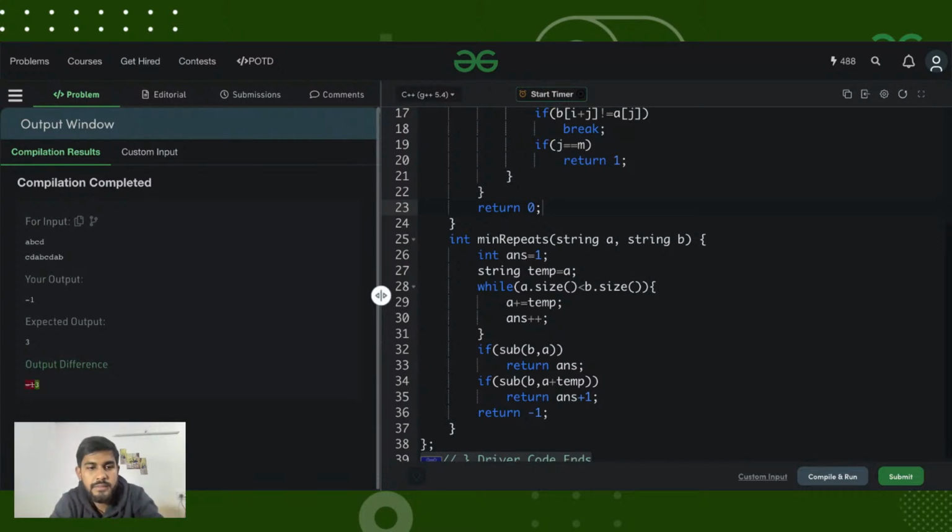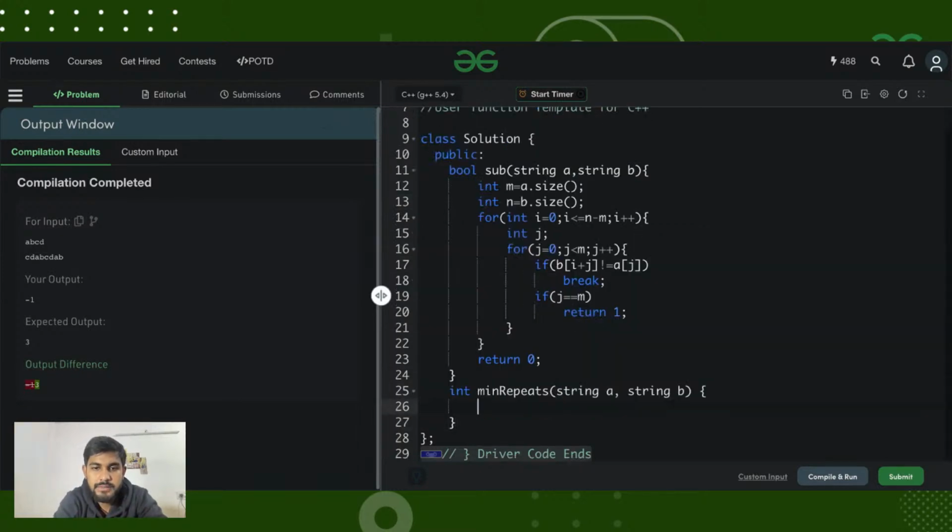I think we are making... Let me write this part again. I think I'm messing this up.